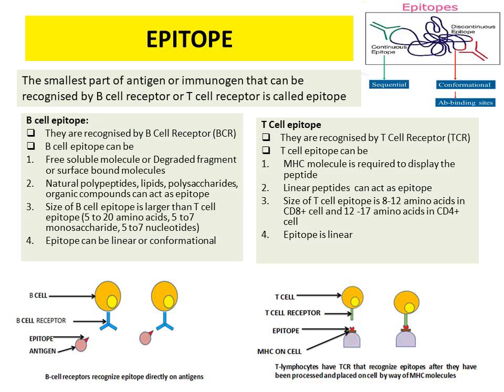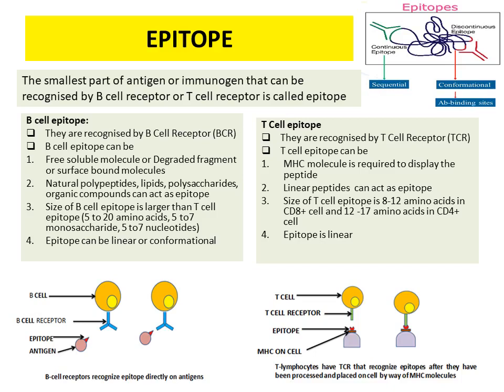Such epitopes can be polypeptide, lipid, polysaccharide, or organic compound, right? And their size is larger than the T cell epitope. Very important, a B cell epitope can be linear or conformational. In this figure you can see these are the epitopes.